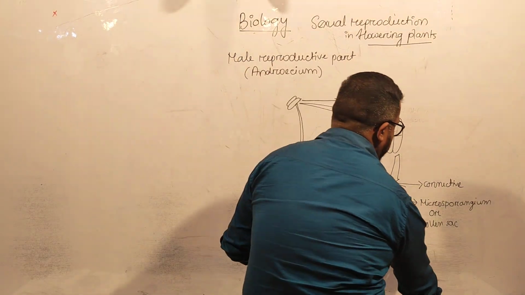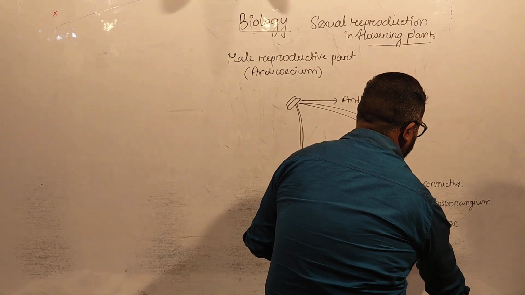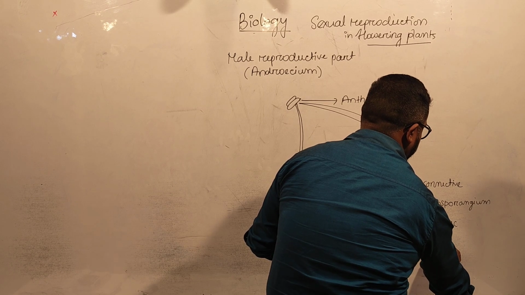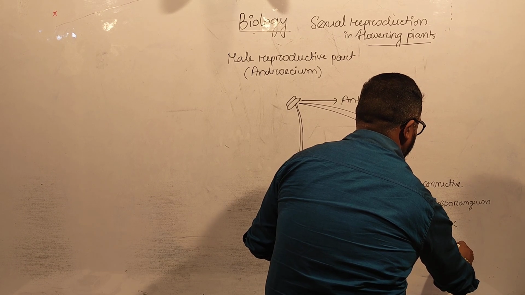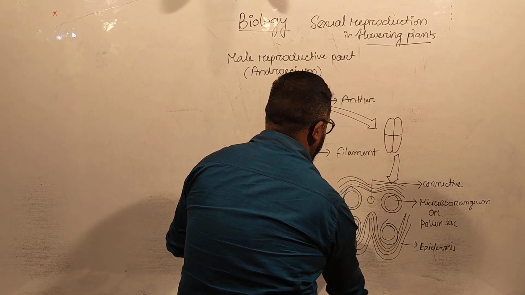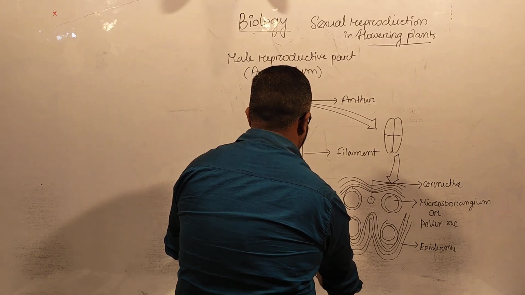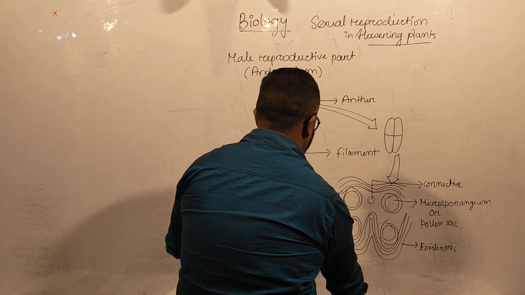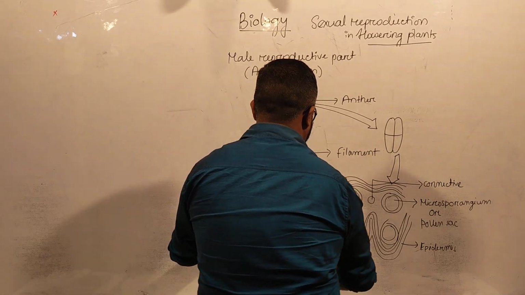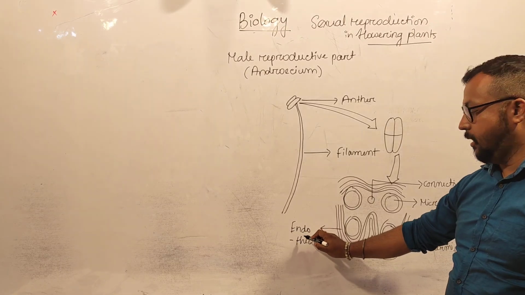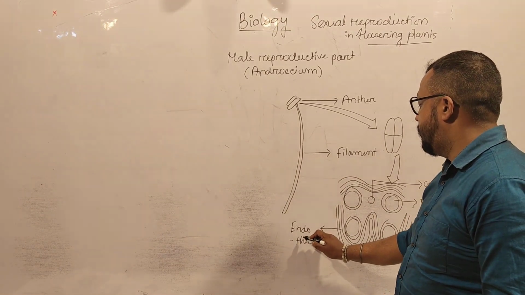The outer 3 layers are epidermis, then the second layer is endothecium. This is endothecium. You can see this is the endothecium.